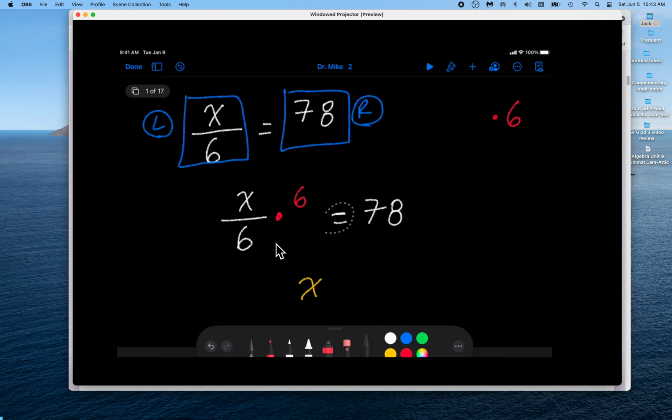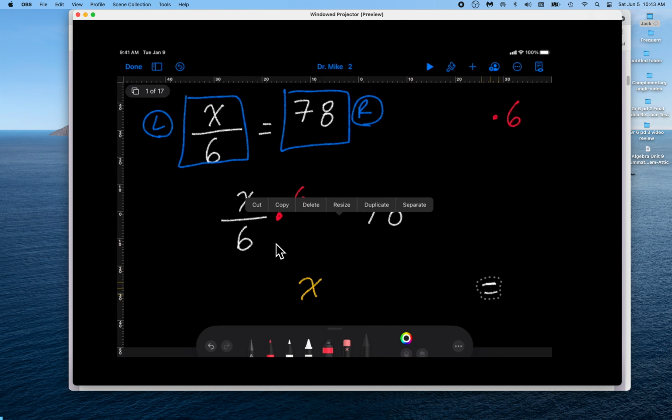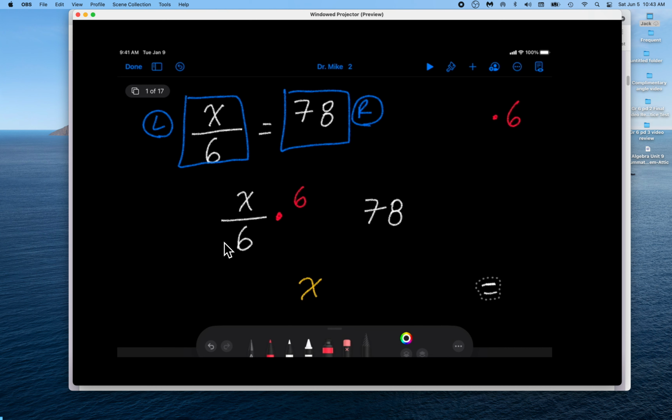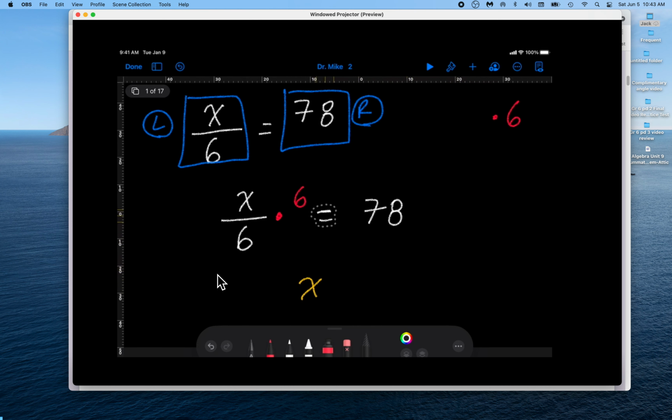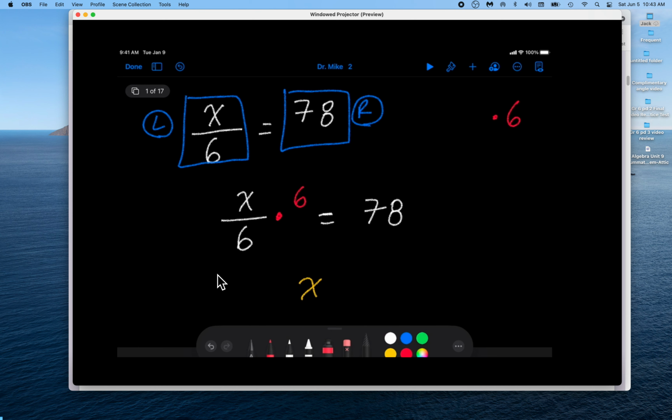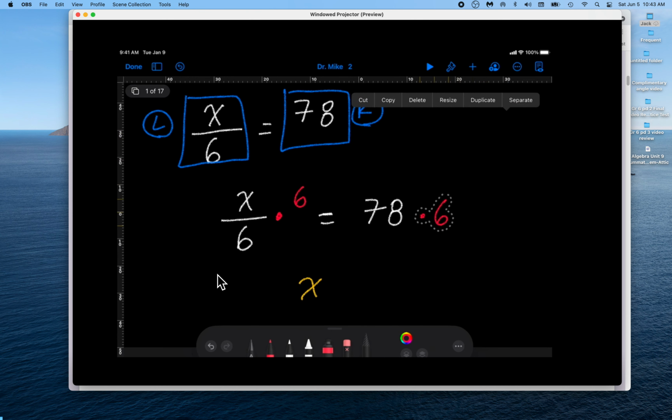So I'm going to take it away, because these are not equal. This and this, left side and right side, are right now not equal. When I bring the equal sign back, I have to multiply by 6 on the other side.